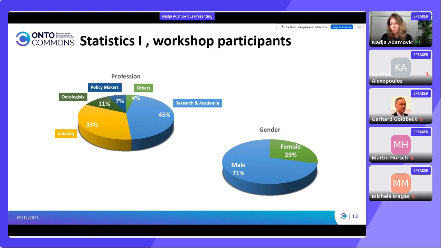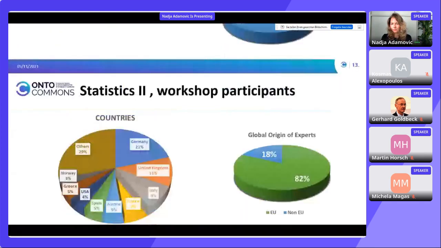You also see the separation according to profession: research and academia about 45%, and industrial participants 33%. This is already very nice. And then ontologists 11%, policymakers 7%, and others 4%. Regarding gender, we had almost 30% female, and this is a very nice number.